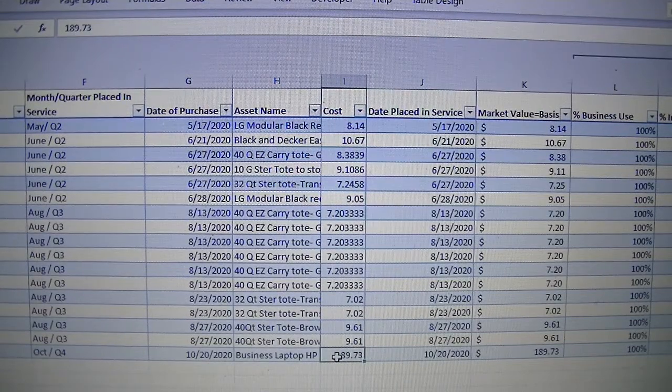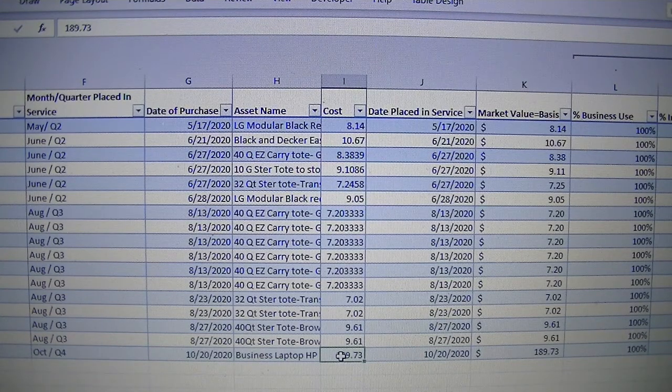You look at assets that you place in service in the last 3 months of the year. You total those asset costs and you divide that by the total cost of assets you place in business during that year.